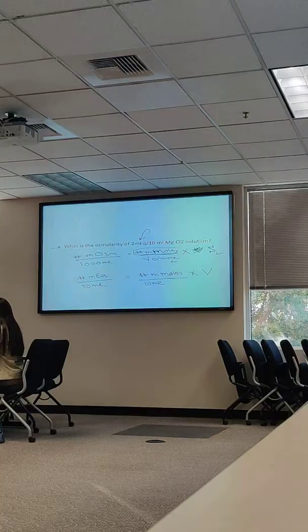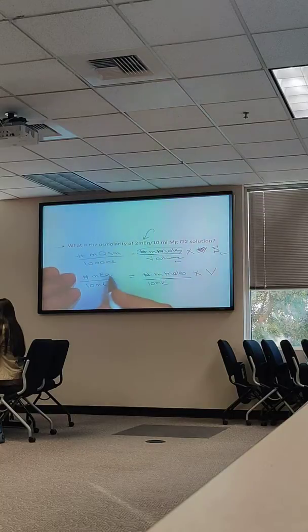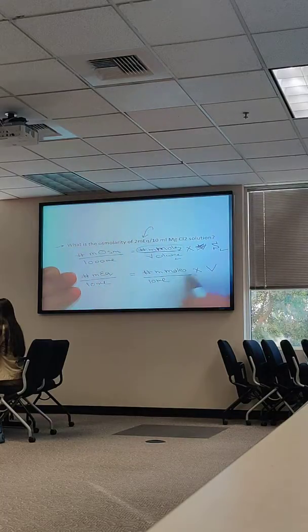No. Not interested in extra steps. I'm just going to use the number of MEQs to figure out the number of millimoles. And then I'm going to use this number of millimoles in the milliosmoles equation. I'm going to pay attention to the difference in the volume. So I'm converting from MEQs per 10 milliliter to millimoles per 10 milliliter.